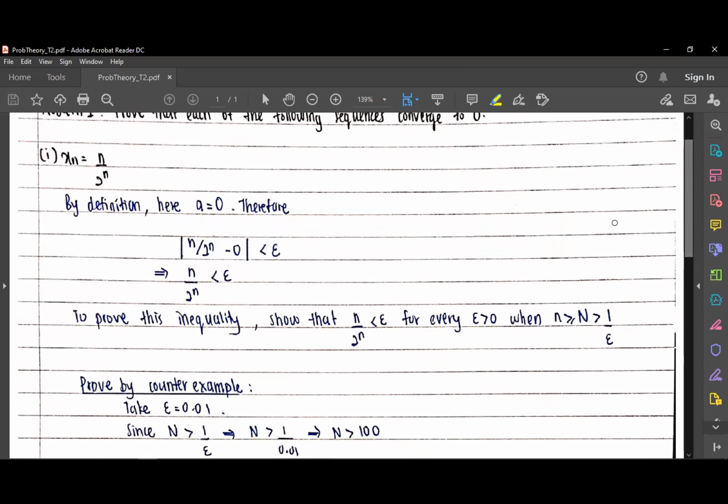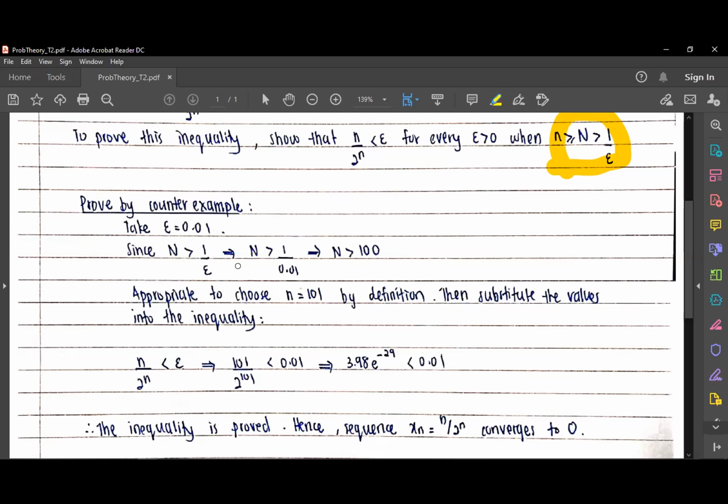So I prove by counter example. Let's say I take epsilon equal to 0.01. Since I must follow this condition, I substitute the value of epsilon, and then I get the threshold n must be greater than 100. So it's okay for me to choose, let's say, n equal to 101 by definition.